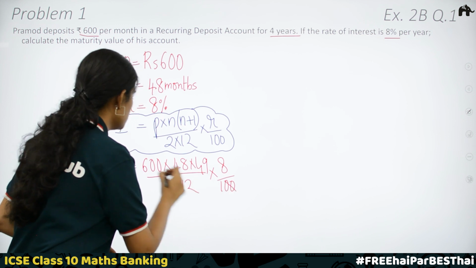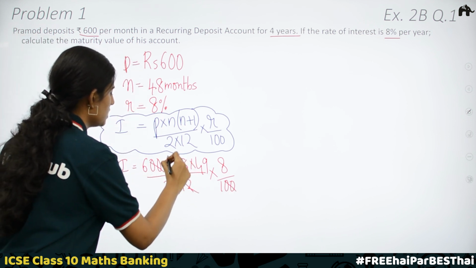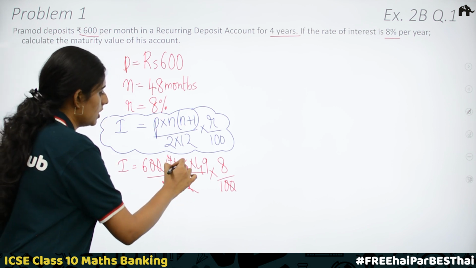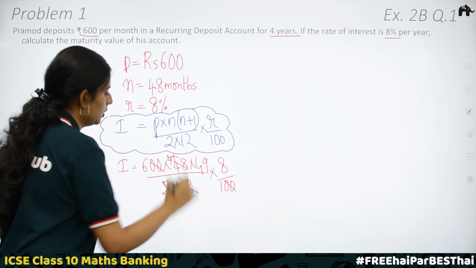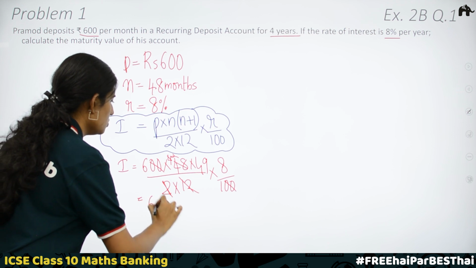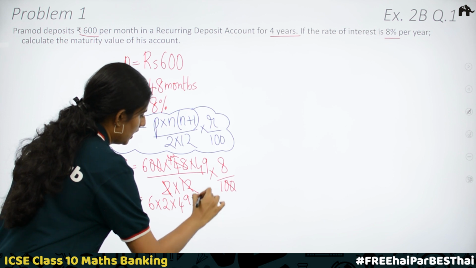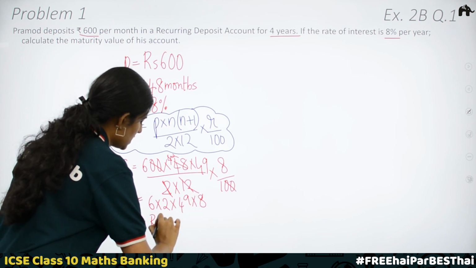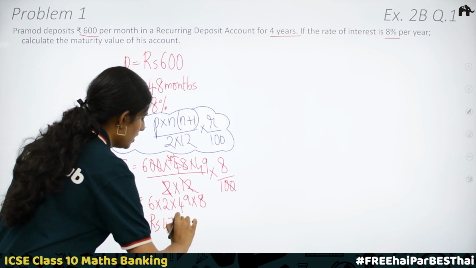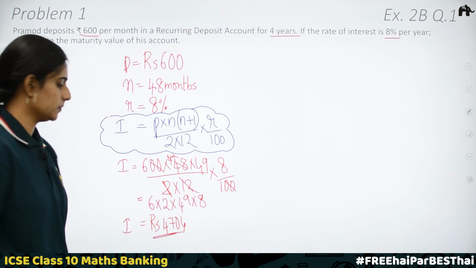You can cancel out the zeros. 12 and 48, you will be getting 4. 2 and 4, that is, you will be getting 2 here. 6 into 2 into 49 into 8. The answer is rupees 4,704. This is the interest value.